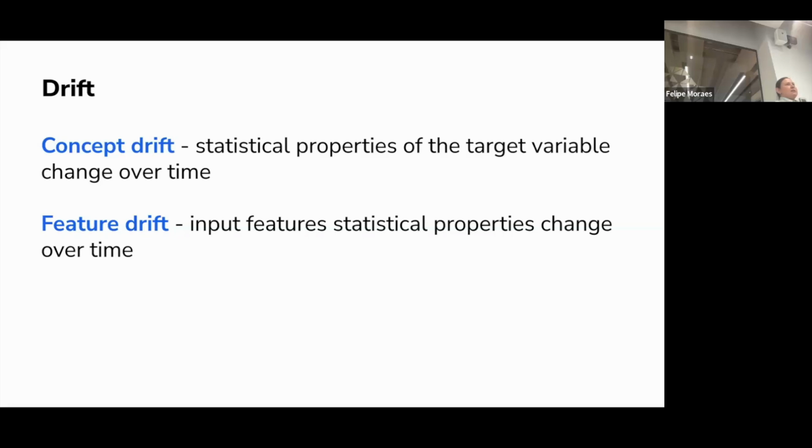I would say it's very popular with fashion trends. If you define something as a fashion item, it can be true today, but maybe in a year it's not true. Another type of drift is feature drift.